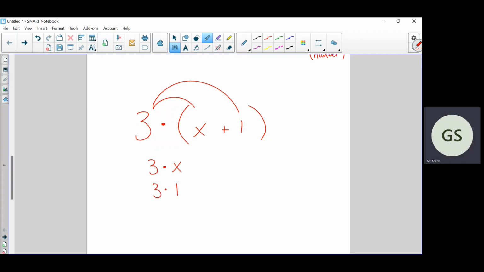If you want, you could make this 1 in front of the x, if that helps you understand how to multiply the 3 times the x. Because remember, there is a 1, technically, it's called a coefficient. Remember that word? But that doesn't mean x equals 1. How many x's do you see in that problem?